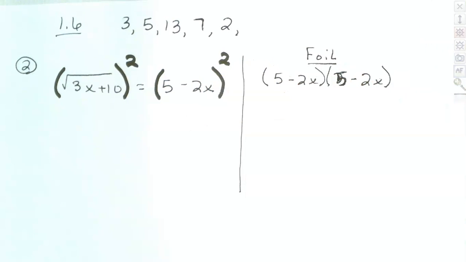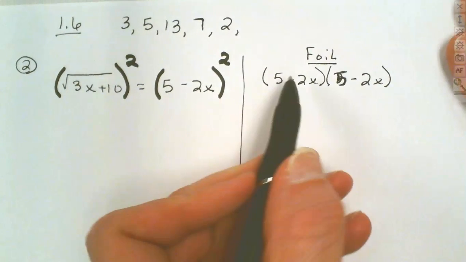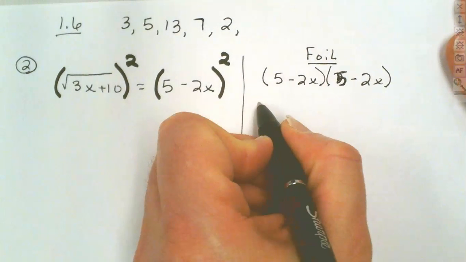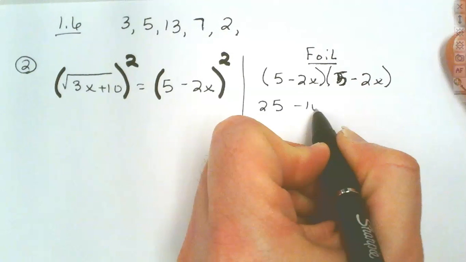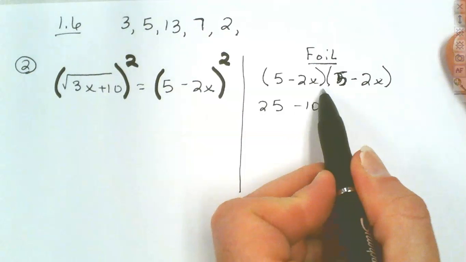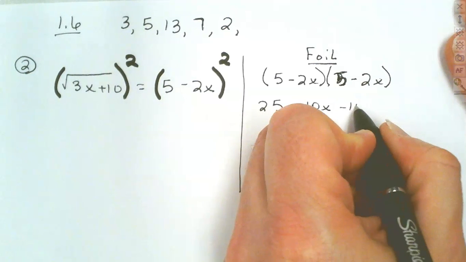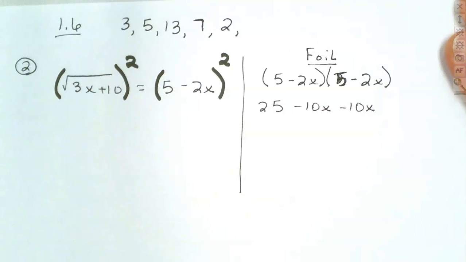And I always like to try to divide my paper in half. So this will be a nice, neat step-by-step progression on the left, and this is my work on the right. So we go ahead and FOIL. So we've got 5 times 5, that's 25. And we do the outside times the outside. So that's a minus 10x. Inside and inside, that's another minus 10x.